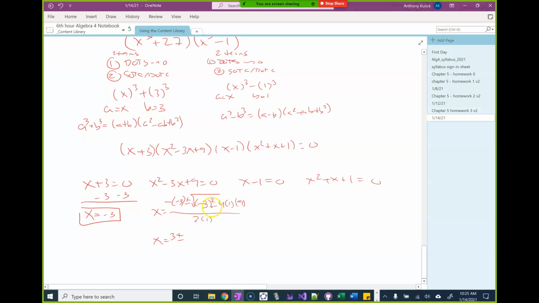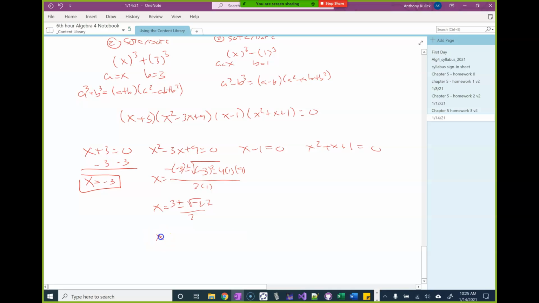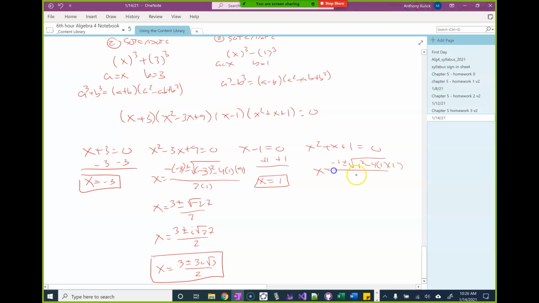Square root of a negative, we make an i. 27 is 3 times 9, so the square root of 9 is 3. So there's that. Add 1 to both sides there. And again, another quadratic formula. Square root of a negative makes an i. And we're done there.